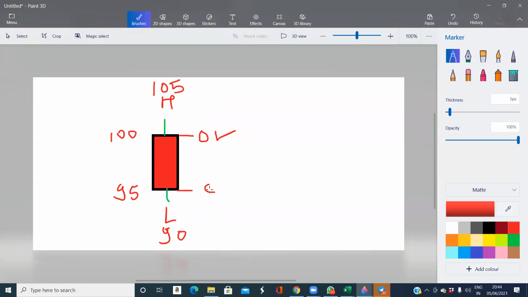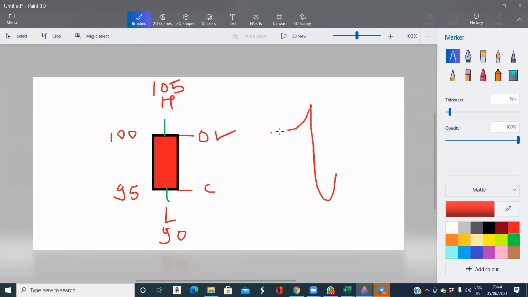Okay, so these are just prices I write here. So actually in the market, the chart will look like it opened here, it made a high, again it went down, and it came here and closed.